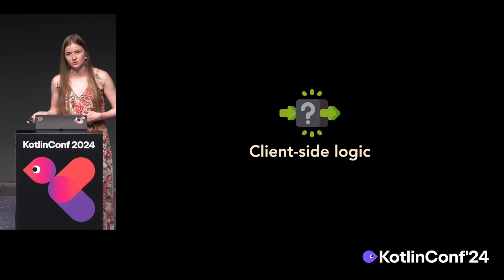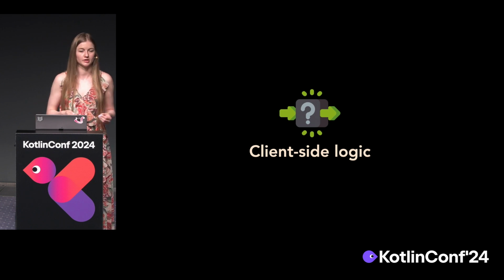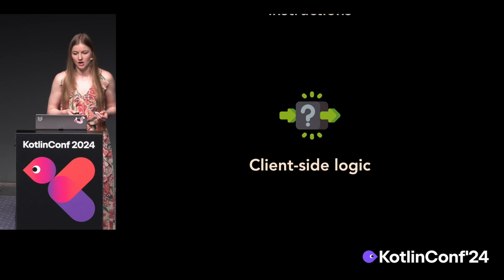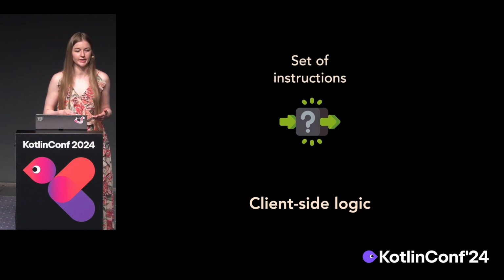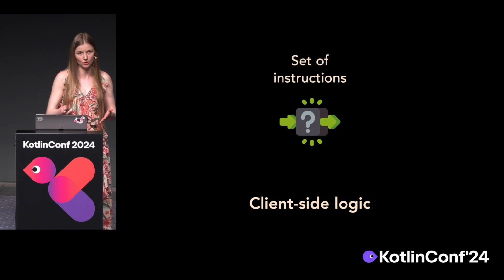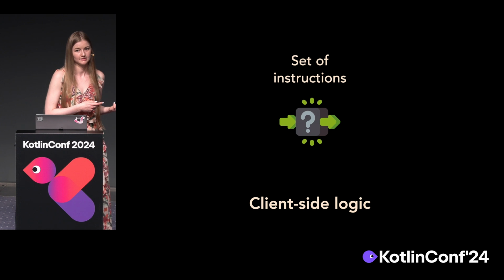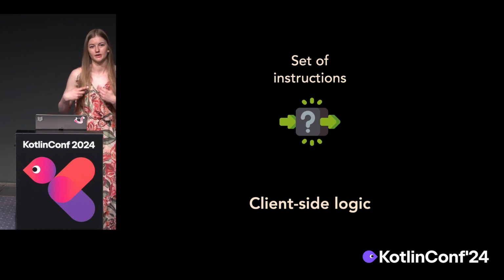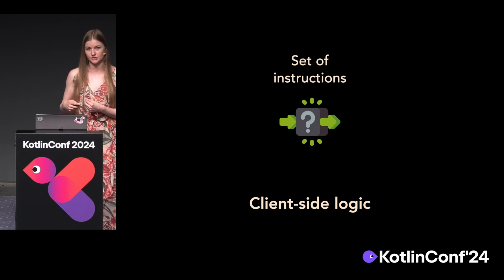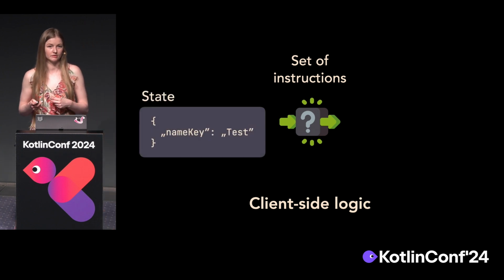So what do we need to implement client-side logic within our project? To support client-side logic, we need to allow developers to define arbitrary set of instructions. So basically, we need to allow them to write some code on the backend and send this code to our clients, to the app, where our mobile rendering engine will be able to understand these instructions, understand this code, and process it using values in state as parameters, as an input.